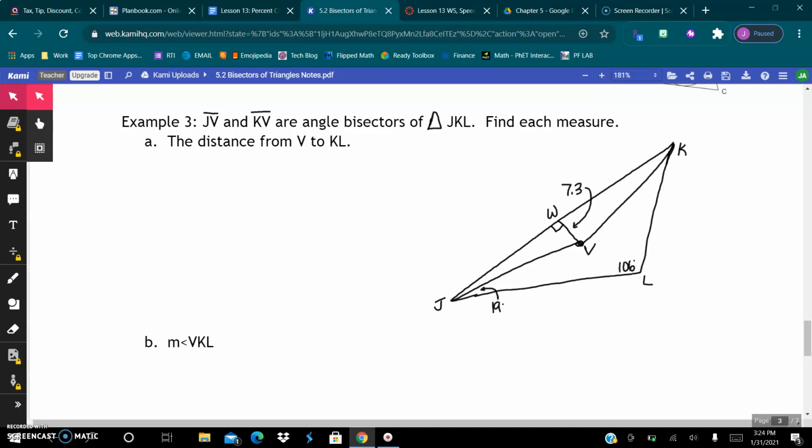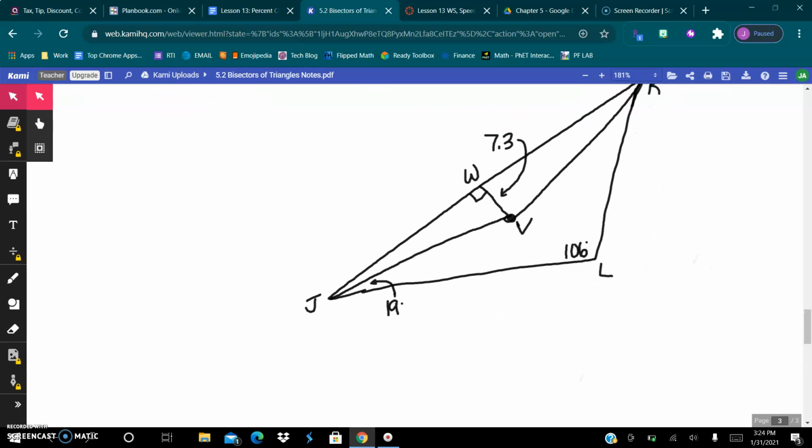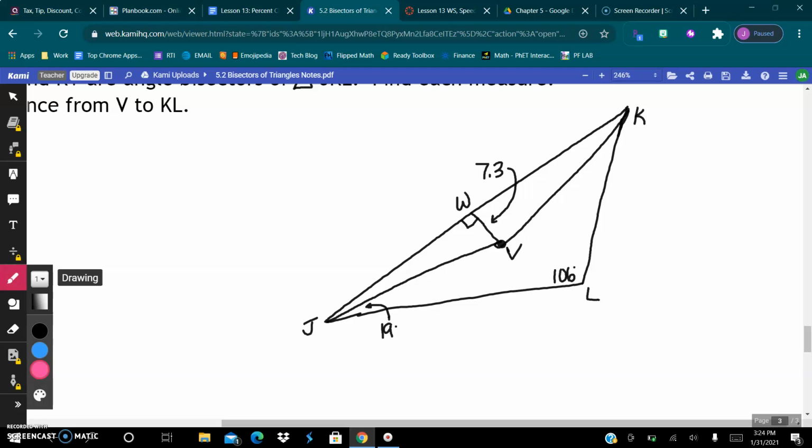All right, for example 3, JV and KV are angle bisectors of triangle JKL. Find each measure. A wants the distance from V to KL. So here is V, and the distance to KL. We are shown here that from V to JK is 7.3.